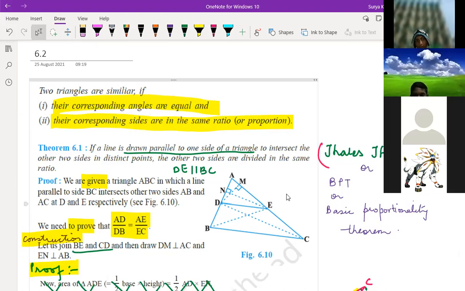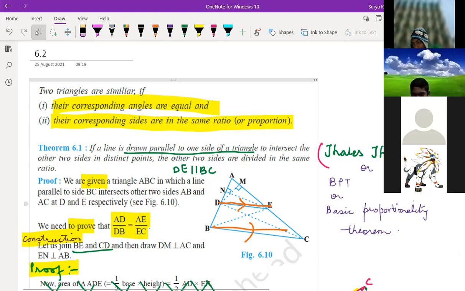See, this line DE, what you are seeing, is parallel to BC, which we have drawn. So if a line is drawn parallel to one side of a triangle, it means in this figure we have DE parallel to BC. If we draw like this, then the other two sides are divided in the same ratio.